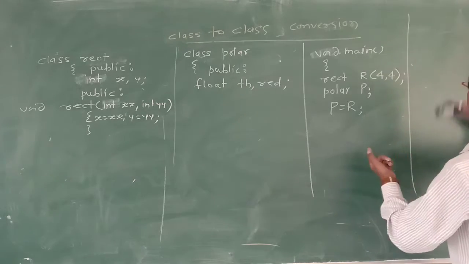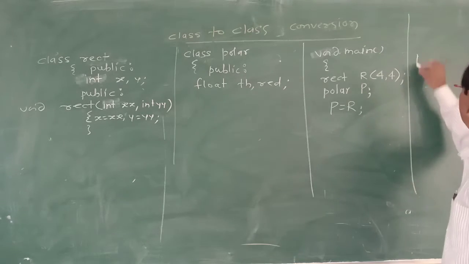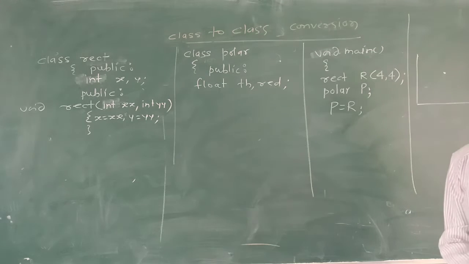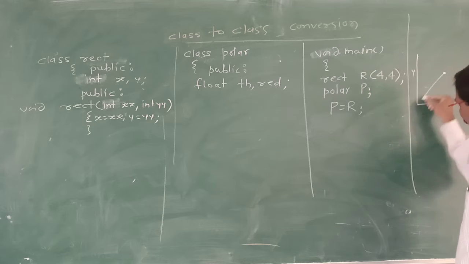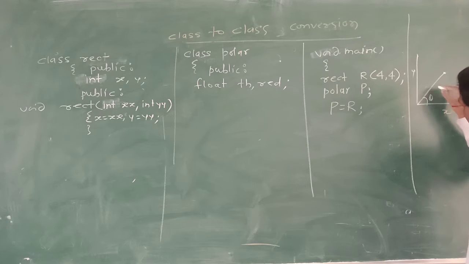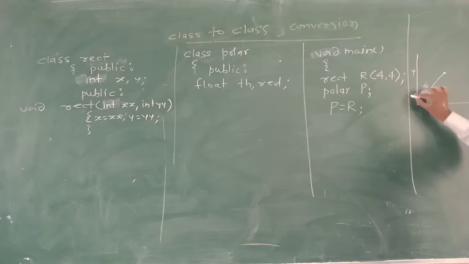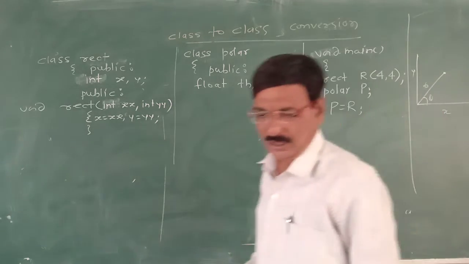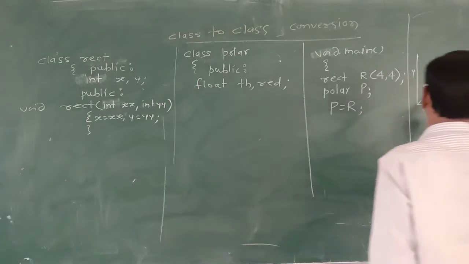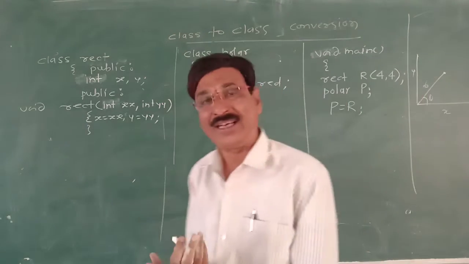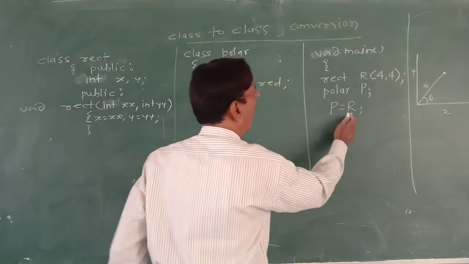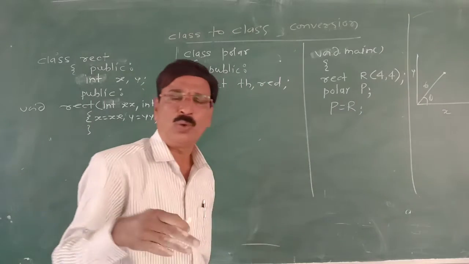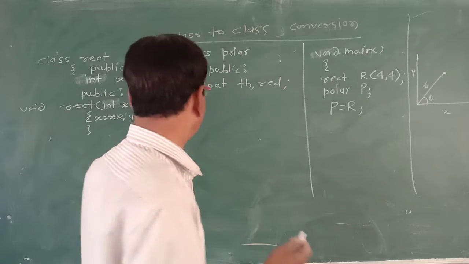So the circle will be like this. Now a theta and radius point can be represented by x and y also. So here, how can x and y be converted to theta and radius?